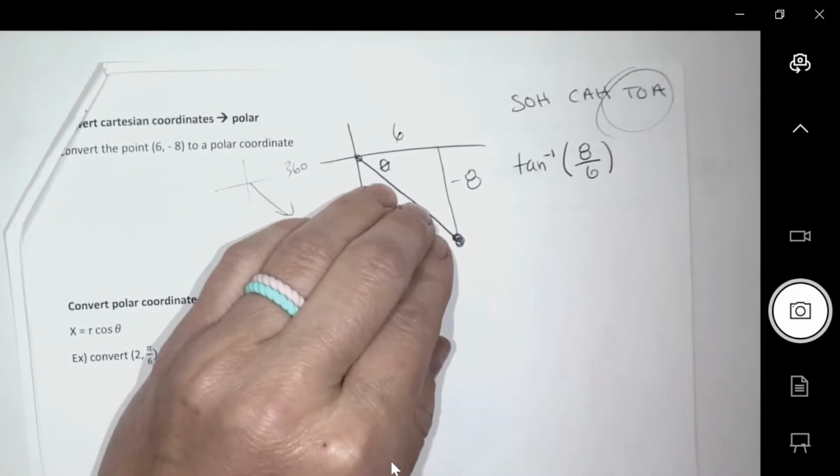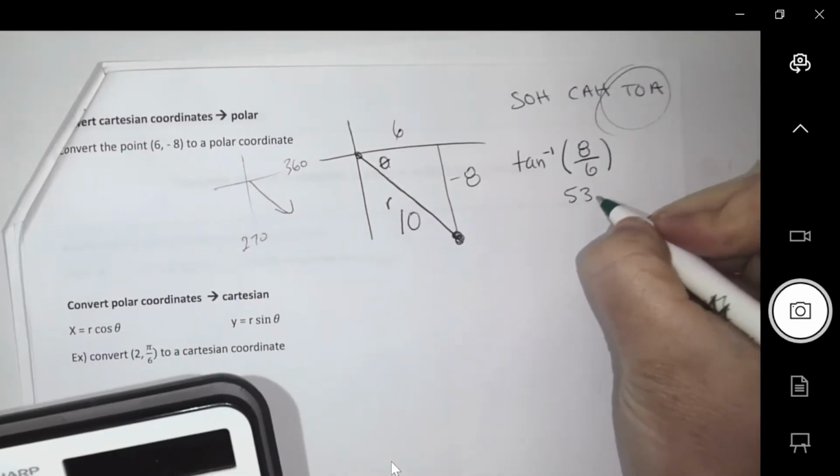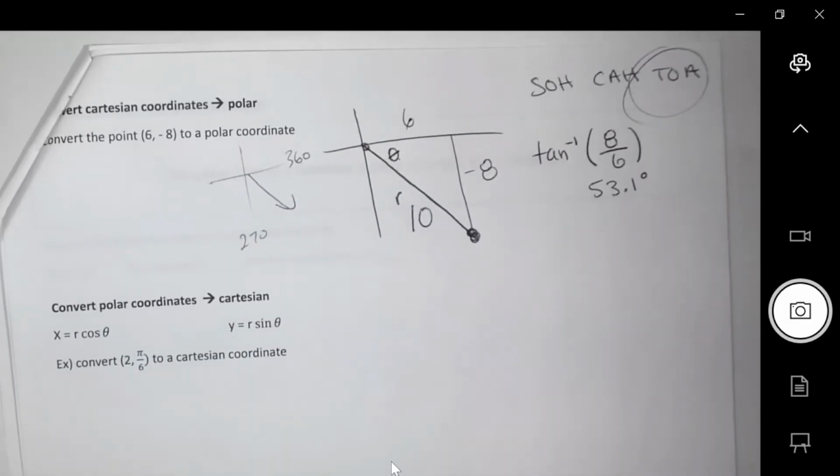Tan inverse of opposite over adjacent. Okay? I'm going to do that in degrees. Okay, so that is 53.1 degrees.